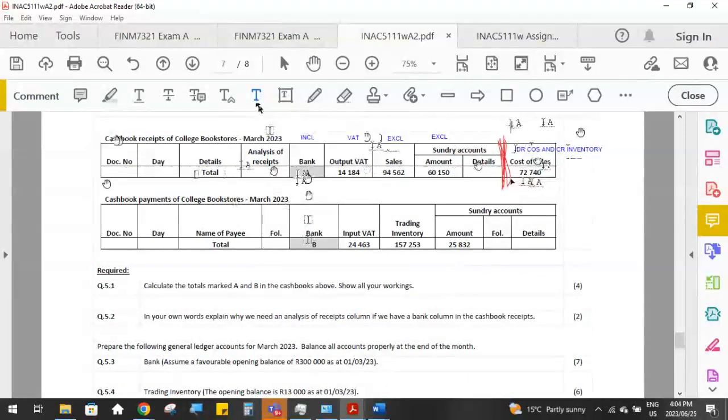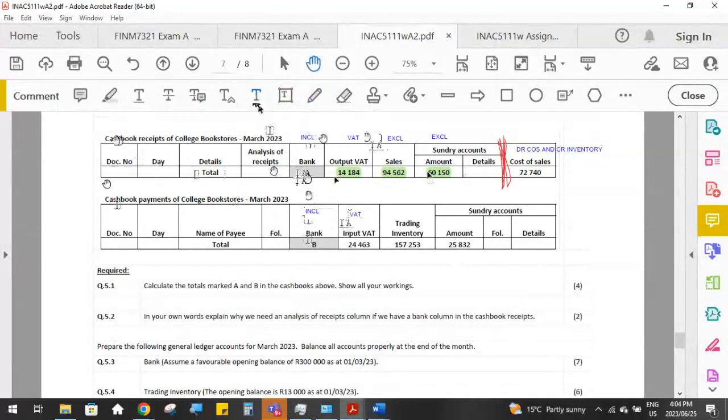So the total for A is going to be our output VAT, which is the VAT amount, plus the two excluding VAT amounts, and that will equal A, which is the total including VAT. Then for our cash book payments, again, our bank column is going to be the including VAT amount, which is the main column of the bank account.